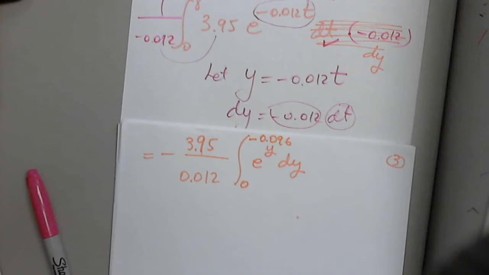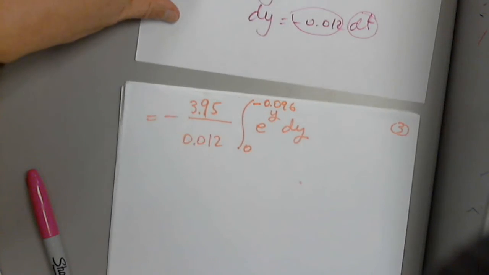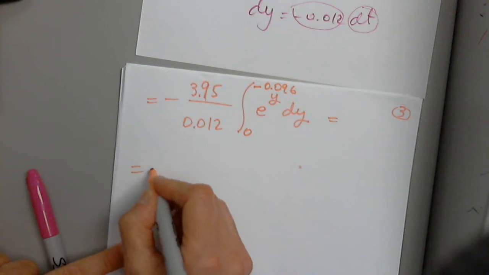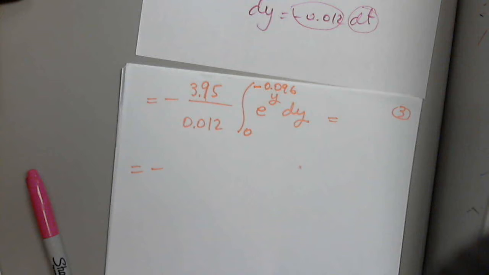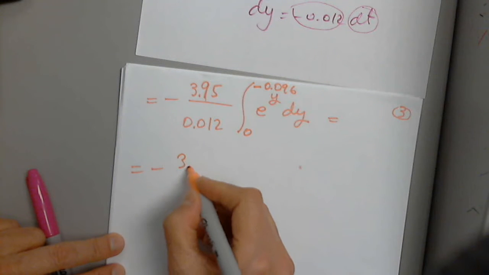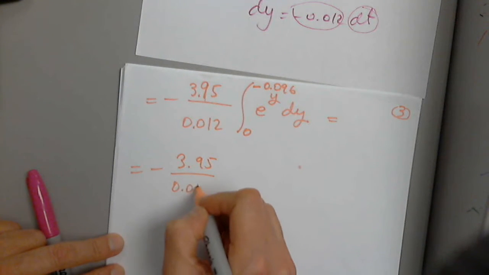Very good. So now finally, I want to see if this is divisible to make it nicer, but it doesn't have to be. No, it isn't. So 3.95 divided by 0.012, you can leave it as is. So negative 3.95 over 0.012.